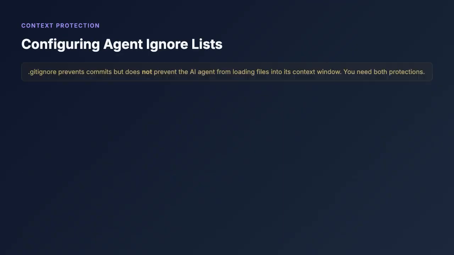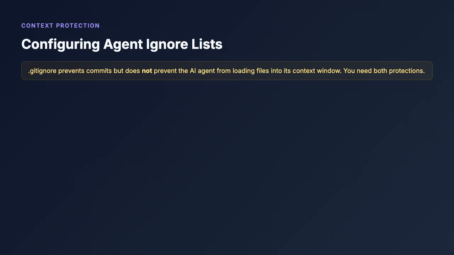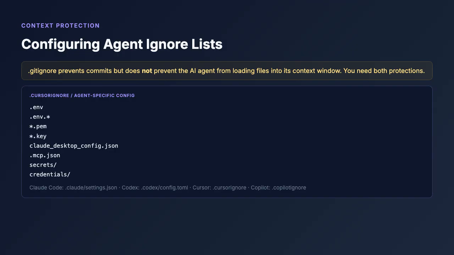Here's a critical point. Gitignore prevents files from being committed to version control, but it does not prevent the AI agent from loading them into its context window. These are two separate protections, and you need both. Most AI coding tools have their own mechanism for excluding files from the agent's context. Cursor uses a .cursorignore file, Claude Code uses its settings.json, Codex uses its config.toml, and Copilot uses a .copilotignore file.